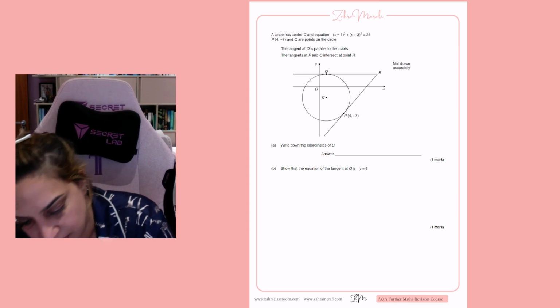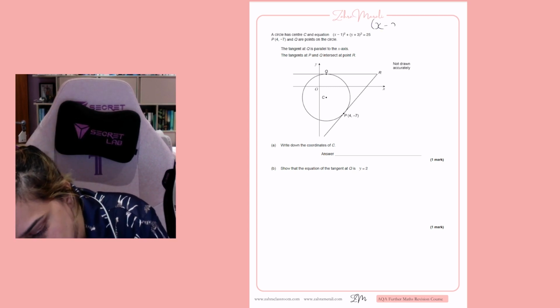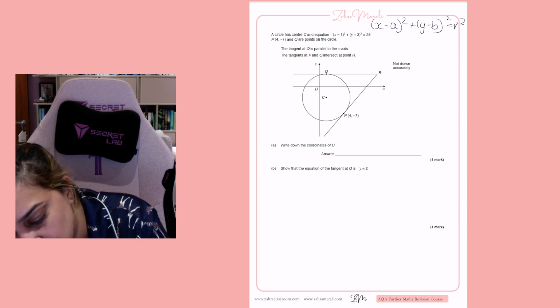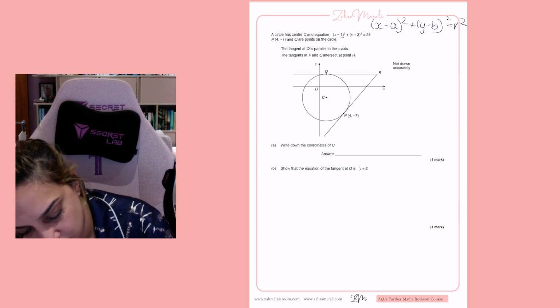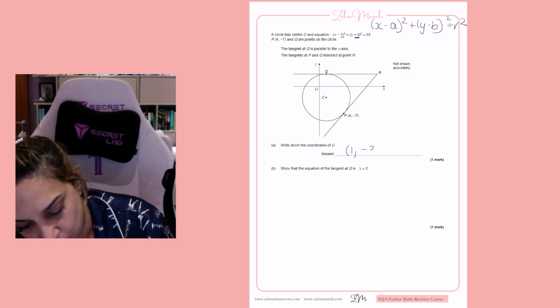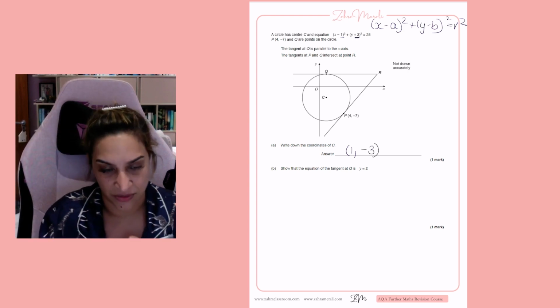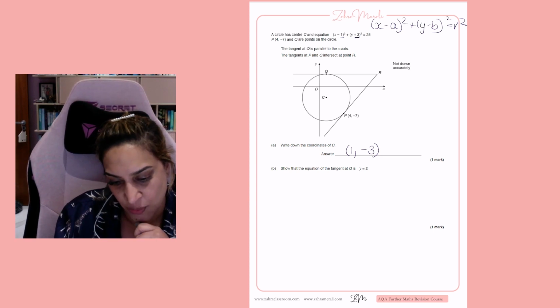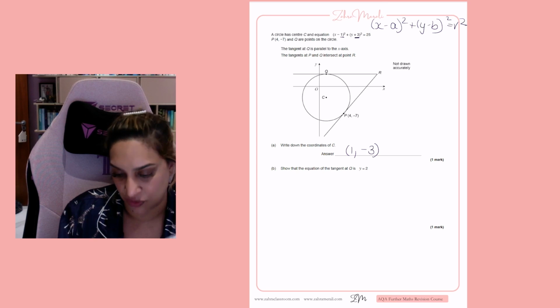Okay, so that one's easy. So remember our equation, (x minus a) squared plus (y minus b) squared equals r squared. So if that's 1, our x coordinate is 1. This is plus 3, so our y coordinate is minus 3. Okay. Show that the equation of the tangent is y equals 2.